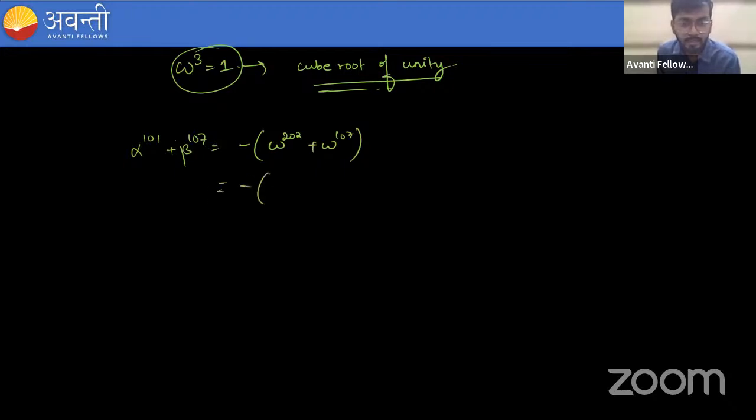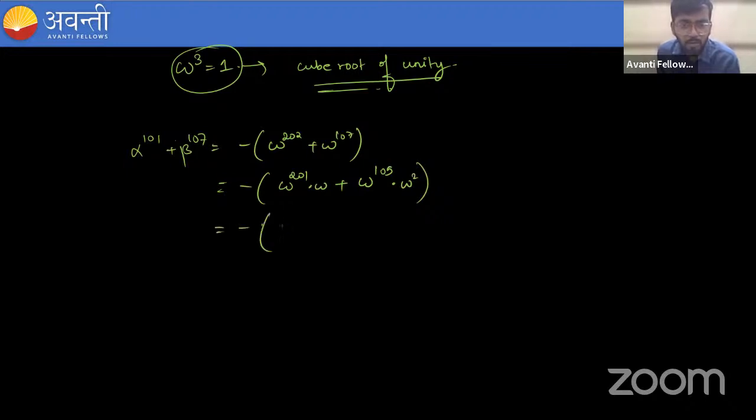Can I write this as minus, omega power 201 into omega plus, 107 is 105 plus 2, so omega power 105 into omega square, right? So what will this become?